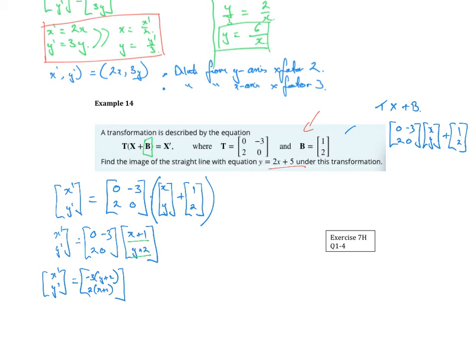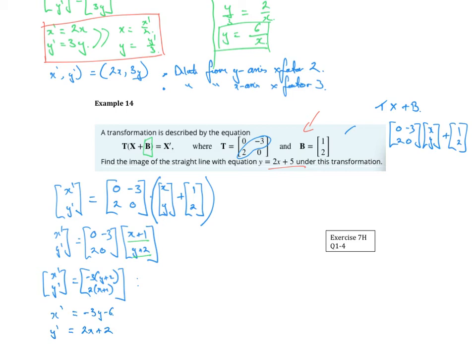Now this one's a little bit different, notice how the values are in the opposite corner, which means my x and y values have swapped. So it's a little bit of an inverse kind of thing. But that's okay. So what does that mean? It means now that x dashed is equal to negative 3y minus 6. Y dashed is equal to 2x plus 2.